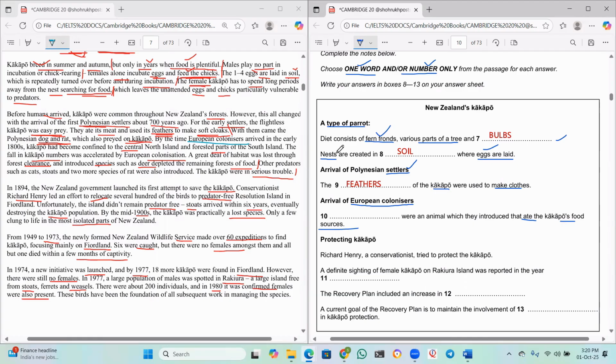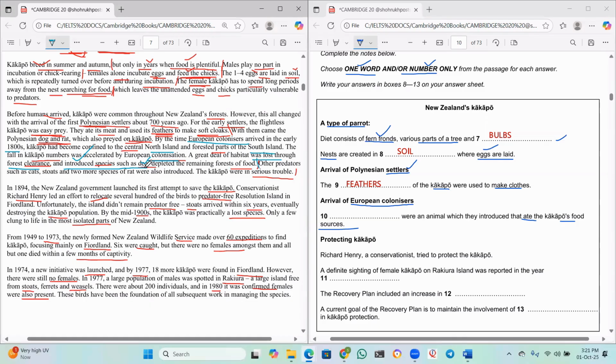What is that? Let us read this one. By the time European settlers arrived in the early 1800s, Kakapo had become confined to the central North Island and forested parts of South Island. The fall in Kakapo numbers was accelerated by European colonization. A great deal of habitat was lost through forest clearance and introduced species such as deer, depleting the remaining forest of food.